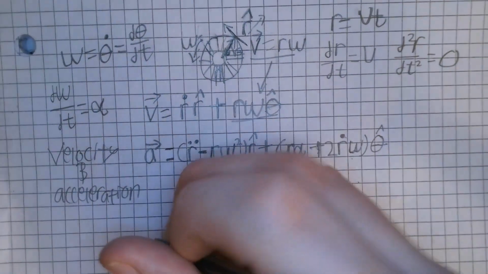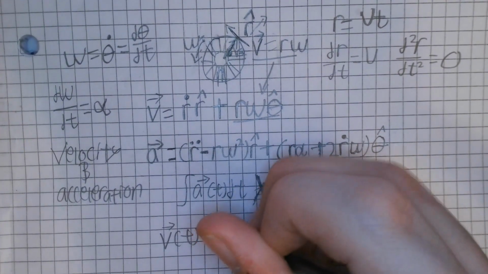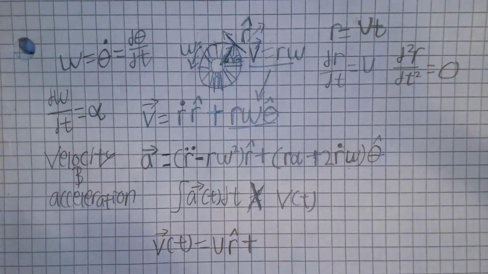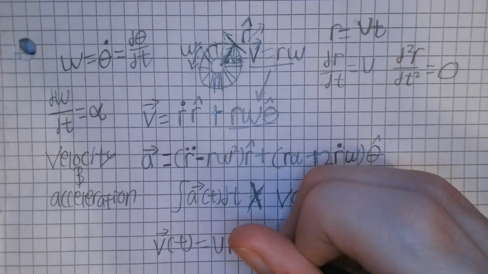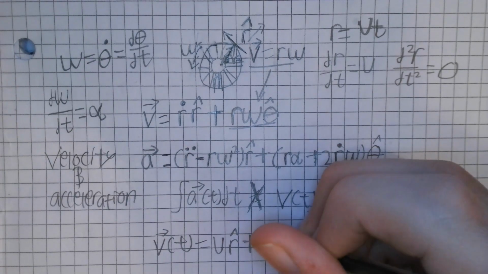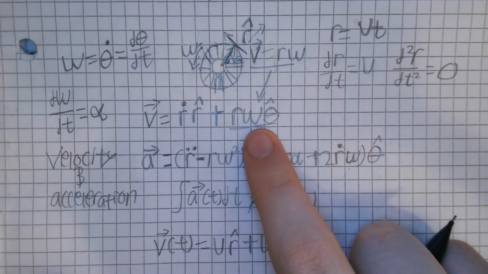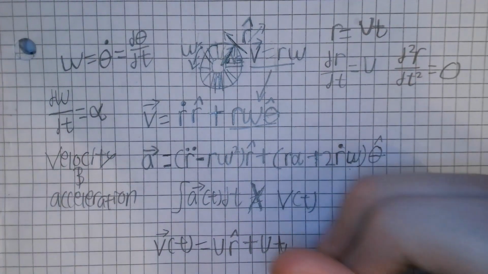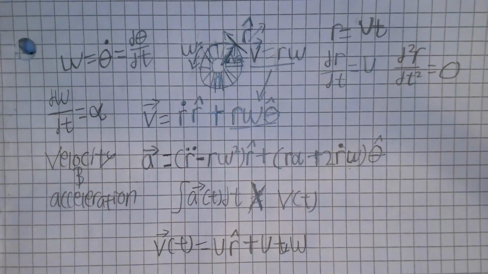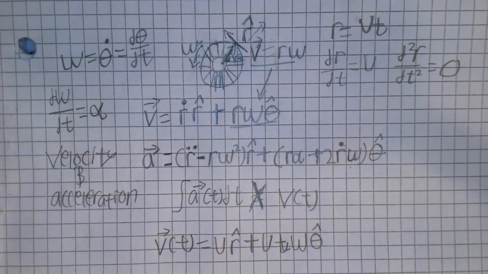So our velocity as a function of time is always just going to be u in the r hat direction plus r, which we can really say is r speed u times t, ut, and then our angular velocity. And we're going to call that the theta hat direction.